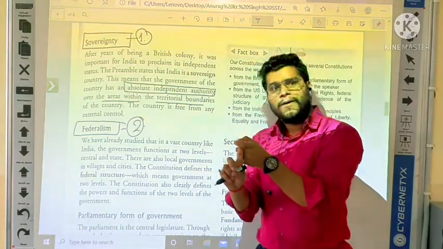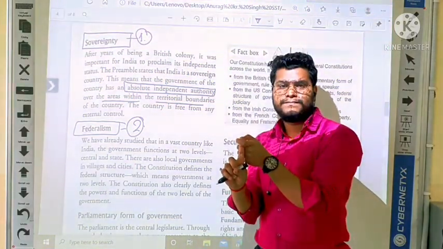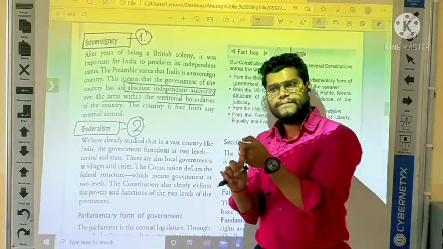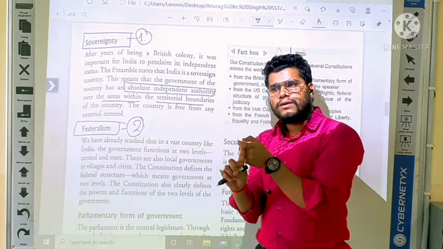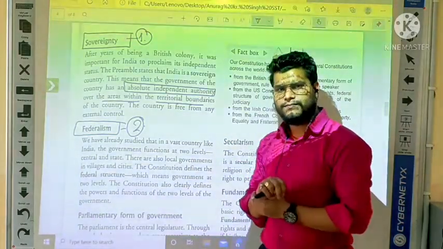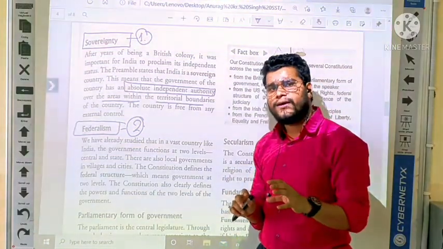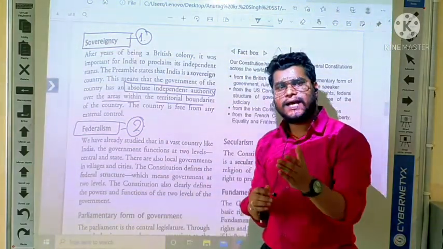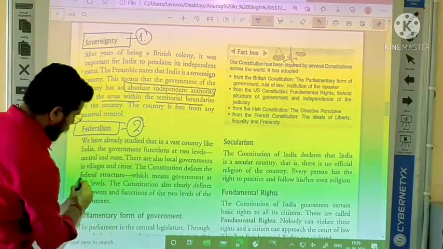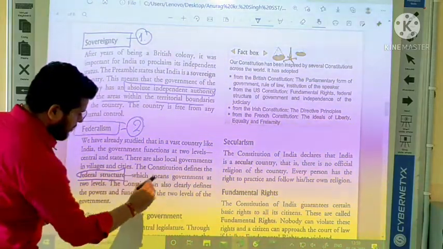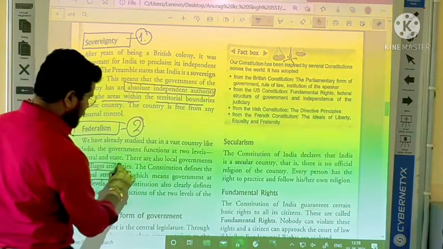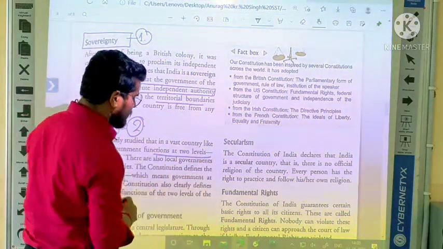For example, Bihar Chief Minister, Bihar Education Minister, Bihar Finance Minister. So we can say that India has two levels of government, and that's why India is a federal government. Okay, federal structure. It means it has center and state, two levels.